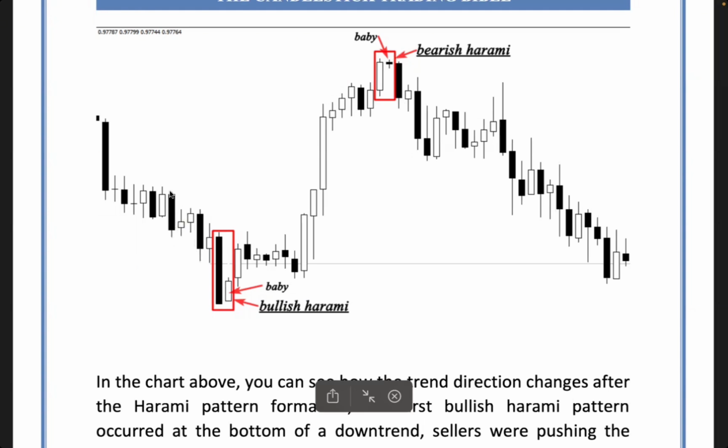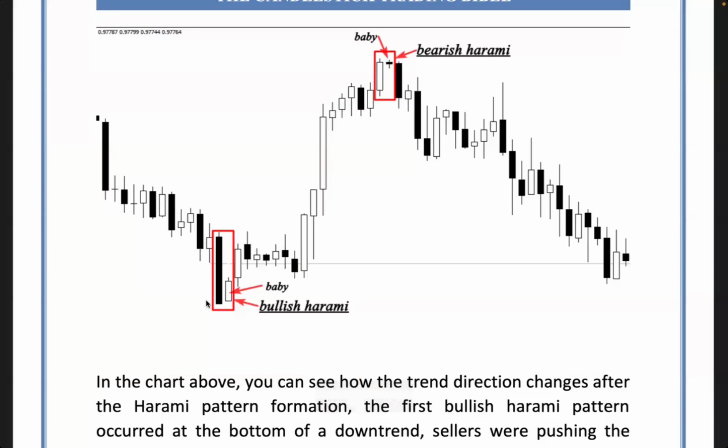This pattern here looks like a bearish harami. So we have a mother candle, and then this candle's life is inside the mother candle. So what does this mean? It is also an indication for a continuation, because what happened afterwards was the continuation.